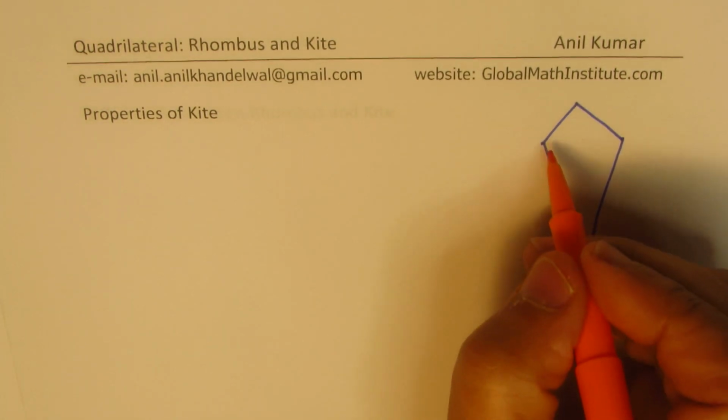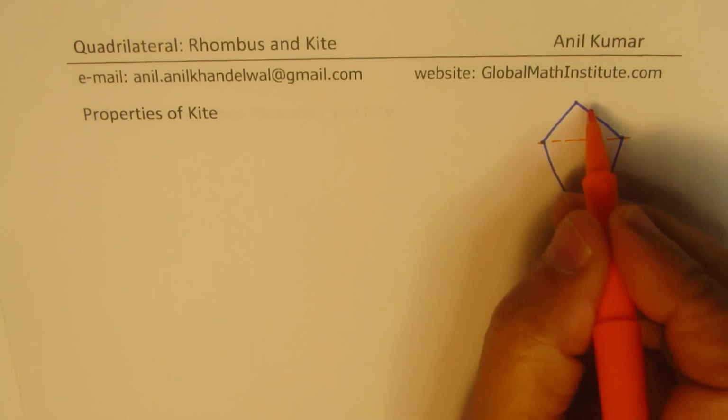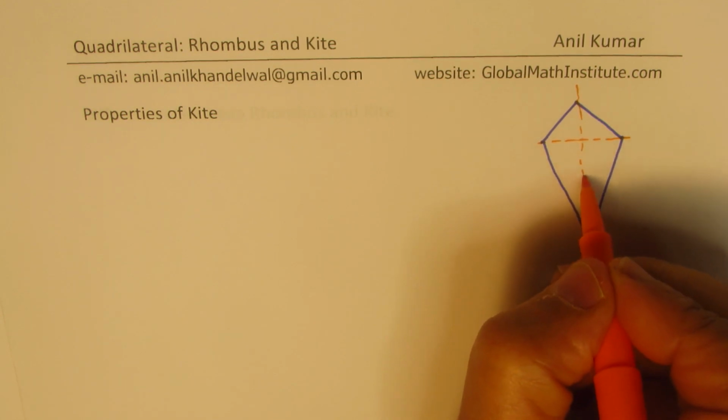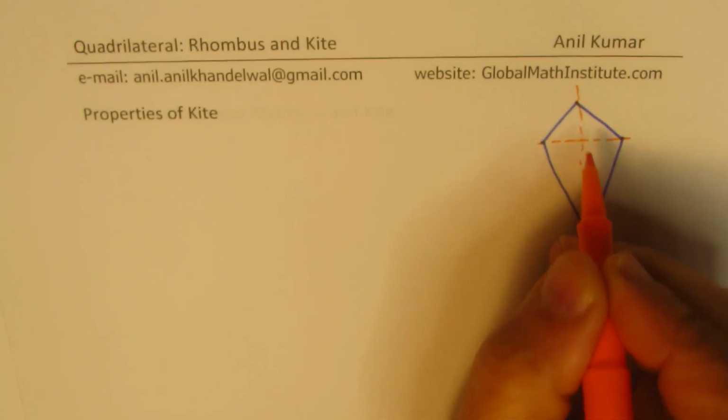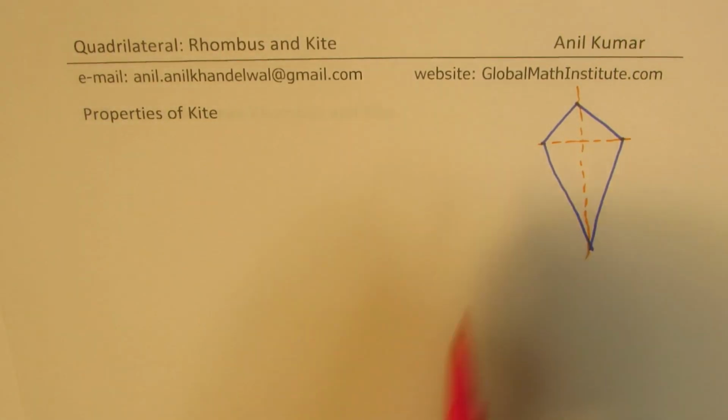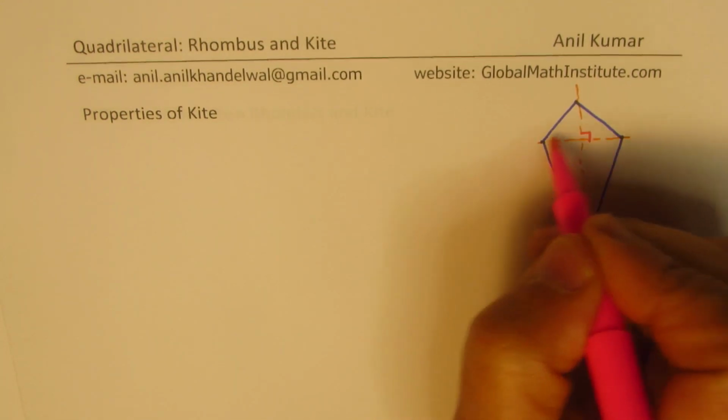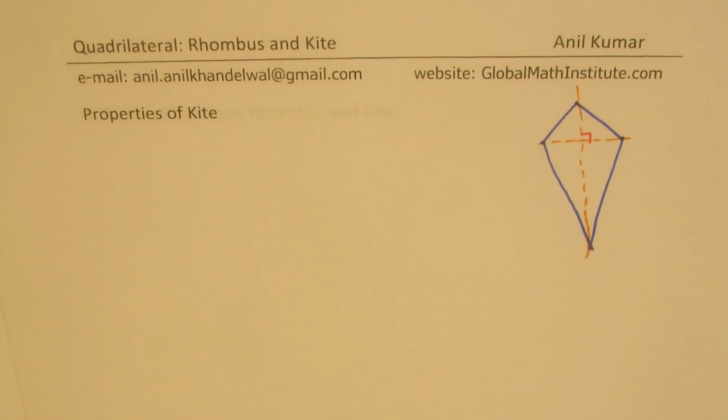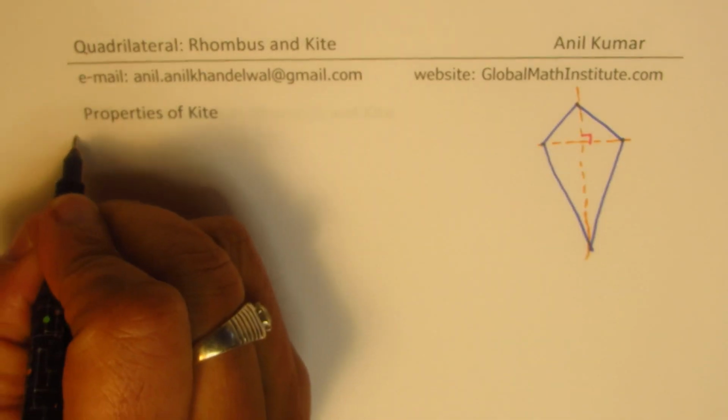And as we saw, if these are the two diagonals, they do intersect at 90 degrees. However, both are not divided equally, correct? So listing these properties, property number 1, it has 4 sides.